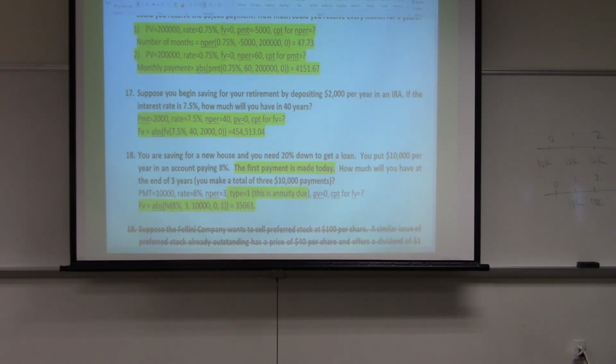Like car payment, mortgage payment, it's always by the end of the period. So if the first payment is made today, it's type 1; if that's not there, it must be 0. And then our answer would have been right.